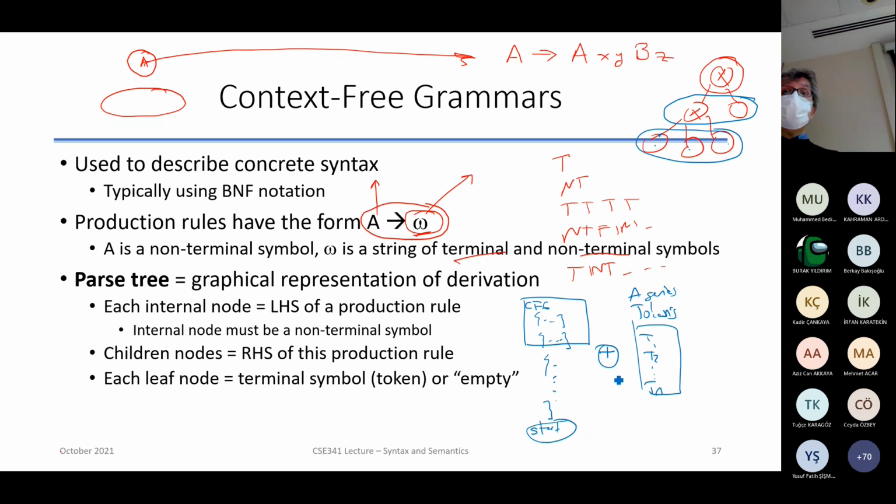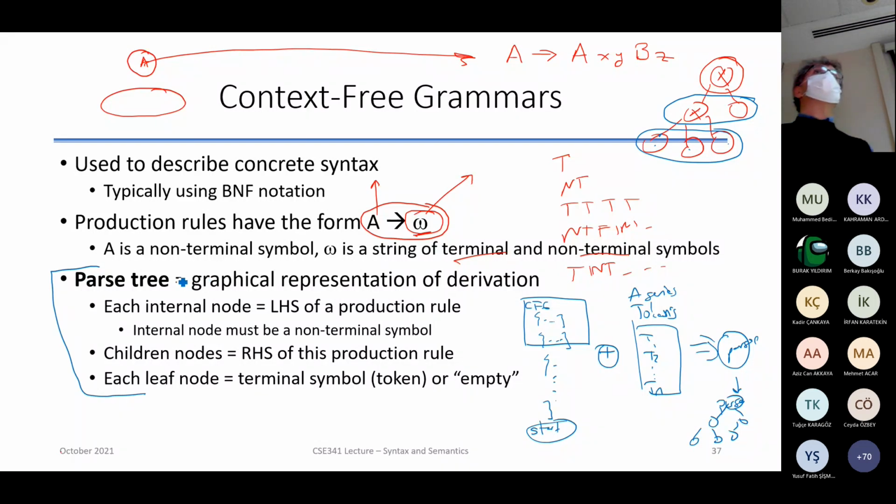Given these, I'm going to have a parser that will generate a parse tree, and this parse tree is going to be of exactly the form we described here.